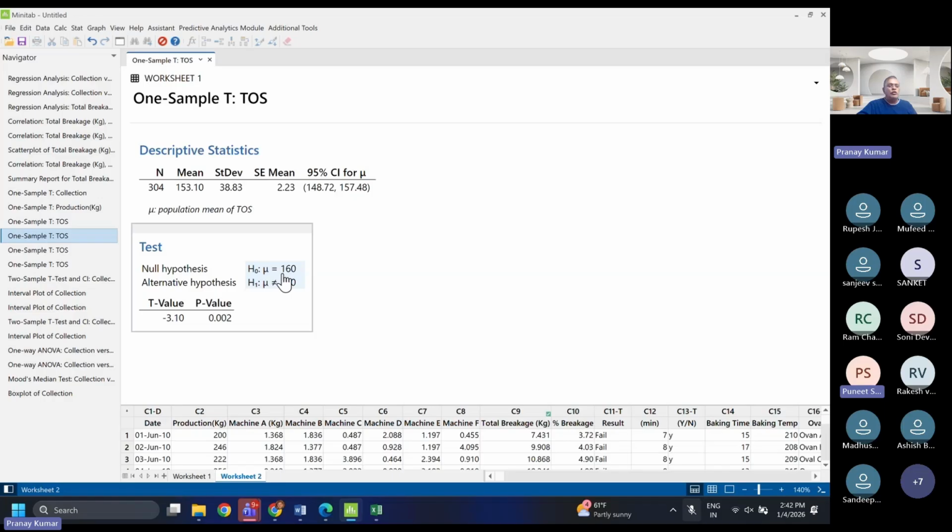It gives you the rule of what null means and what alternate means. We can also say null hypothesis is rejected and alternative hypothesis is accepted. In fact, Ashish, we always speak in the language of alternate. We never accept null.